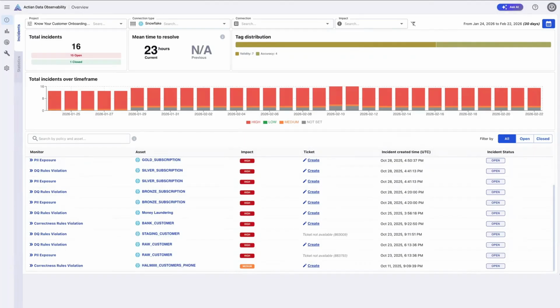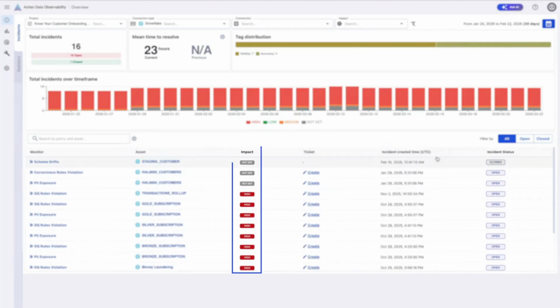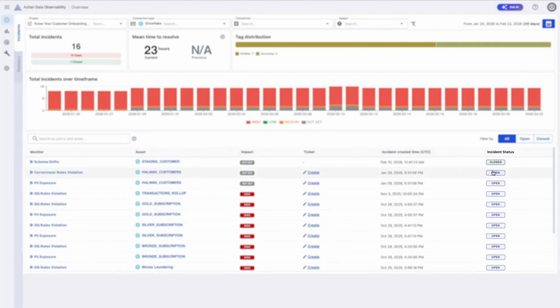A few more things to call out. Not only is the incident status and severity level clearly marked, but at a glance, you can see whether an incident is still active and being worked on and open versus a resolved closed issue.